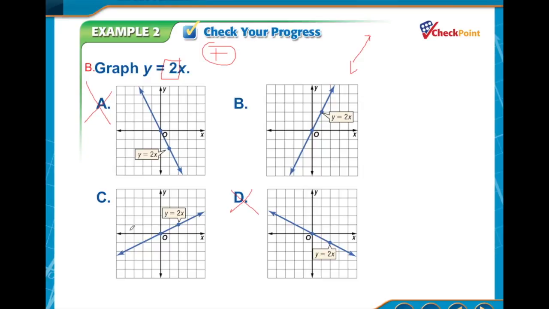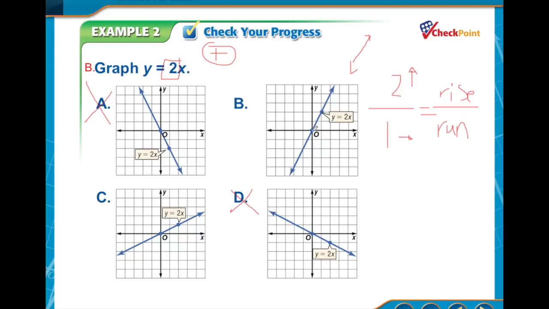Okay, so one of these is right. Which one has a slope of 2 though? So 2 over 1 is the amount that we rise, our change in y, over the amount that we run, that is our change in x. So from this point, the origin, we should rise 2 and go over 1. So we should go up 2 and 1 over.